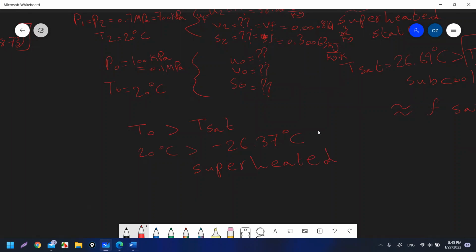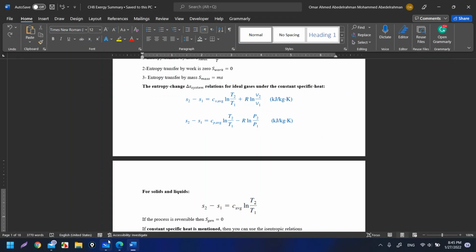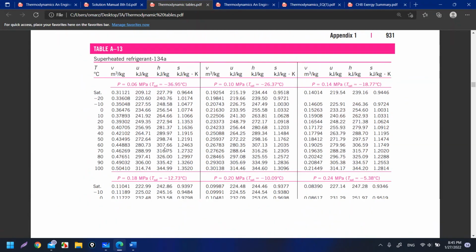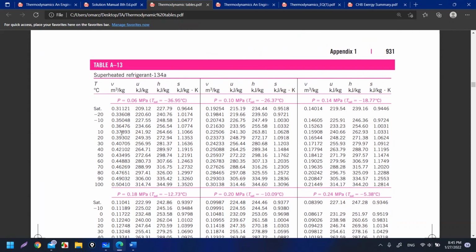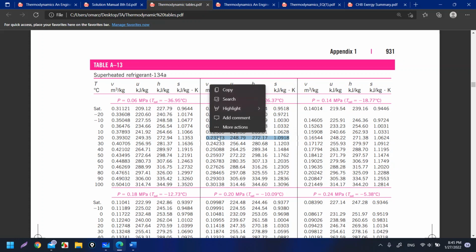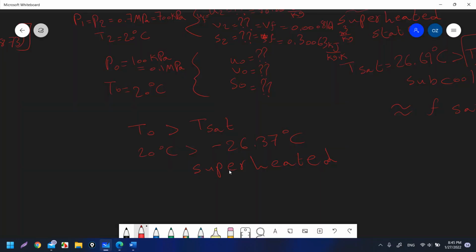So I have to go to the superheated table. Superheated table, Table A13. 100 kilopascal means 0.1 megapascal at 20 degrees Celsius. That is the line. You will take V naught, U naught, and S naught. So U naught is equal to 248.79 kilojoule per kilogram.